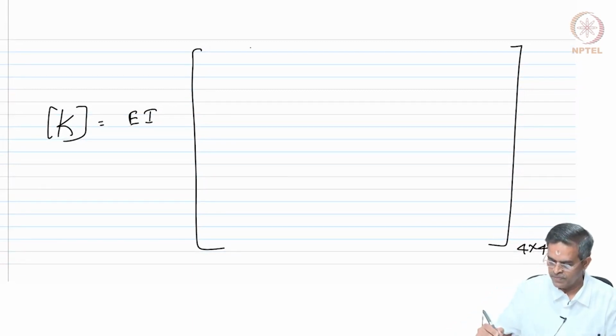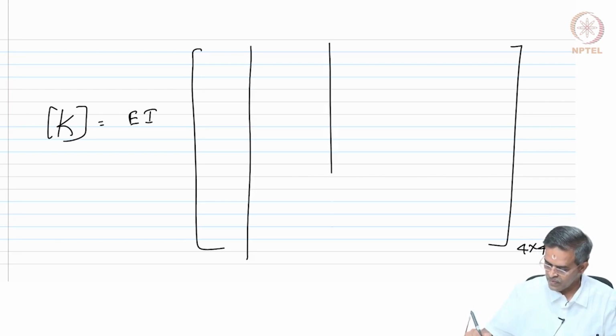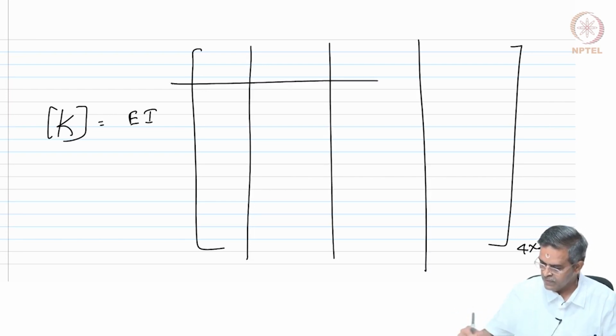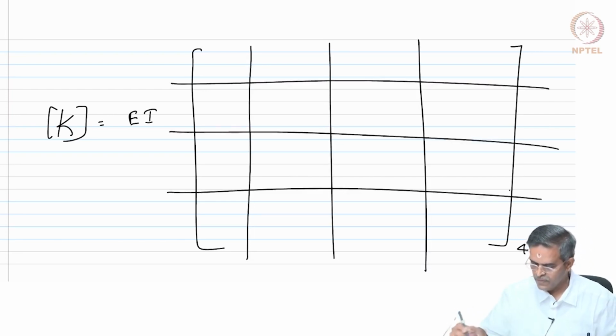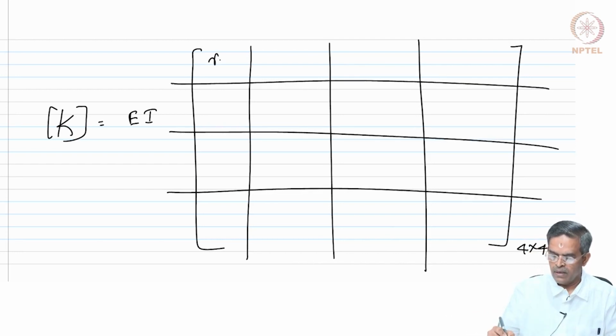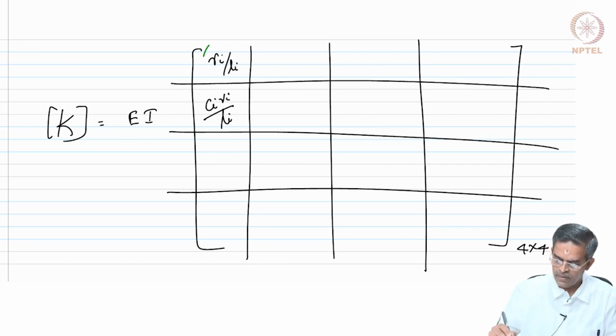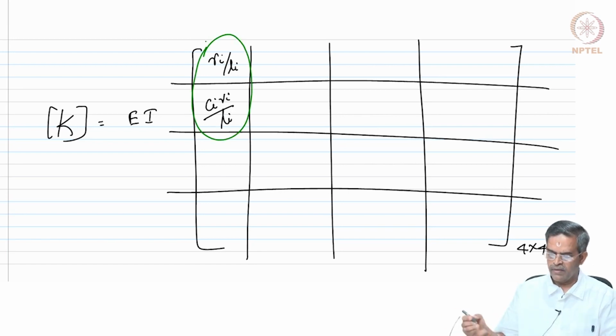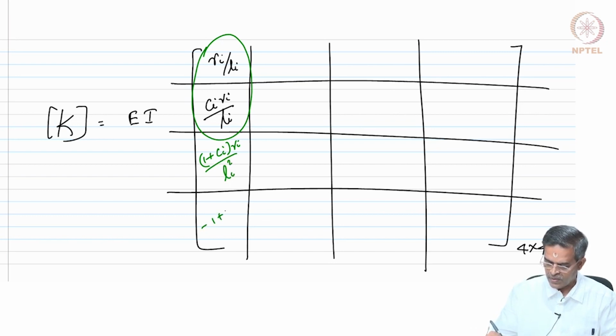Which is Ri by Li, this is Ci Ri by Li, and these 2 by Li will be this. So, 1 plus Ci of Ri by Li square and negative of this.